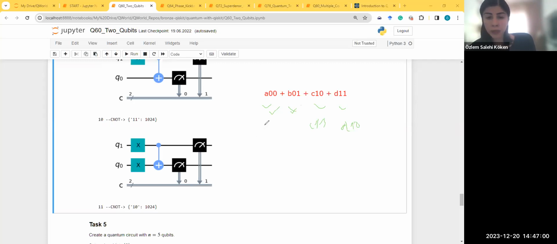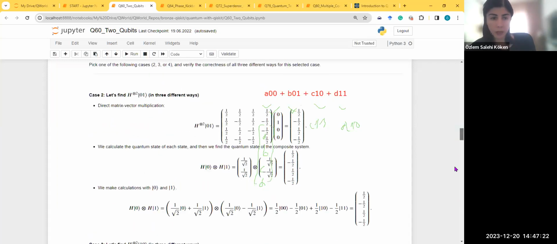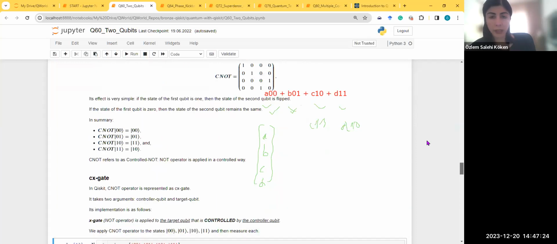If you think about vector representation, what you have is the following: A, B, C, and D. And think about now the matrix of CNOT here. This is just swapping the last two rows.